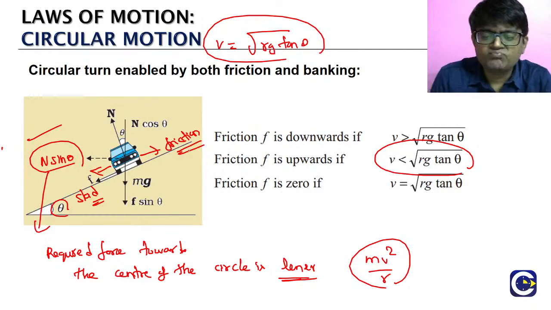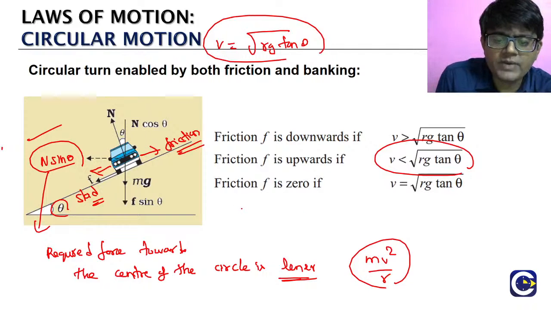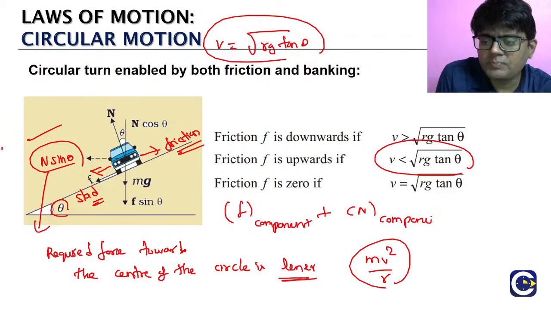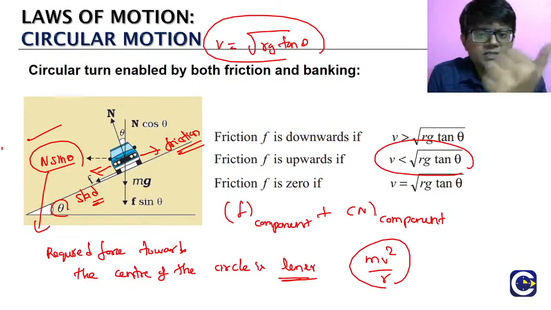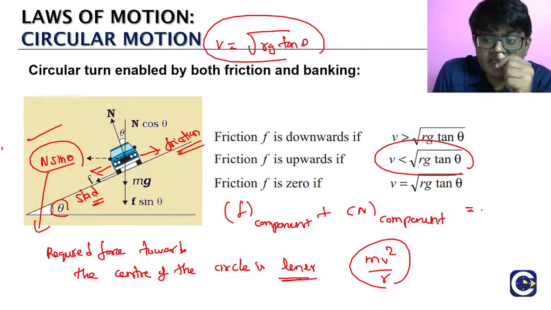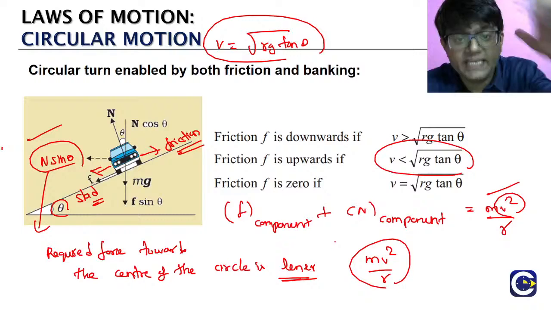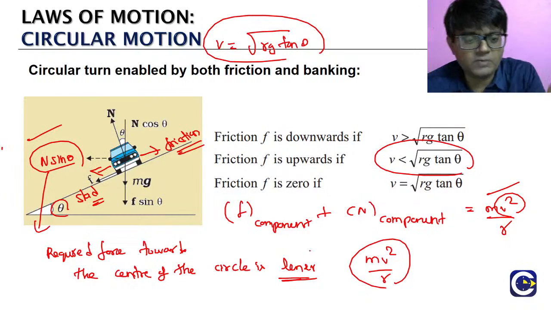Now the component of friction as well as the component of normal reaction, when both are providing the centripetal acceleration, our safe speed value is going to be the highest.